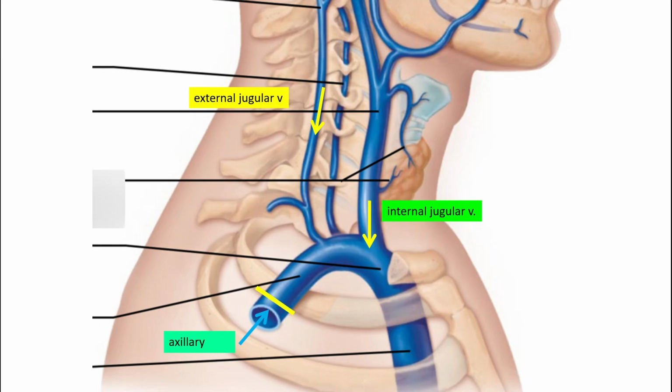Then, as this vein crosses the first rib, it becomes the subclavian vein, and the subclavian vein is underneath the clavicle, and it goes medially and is going to receive the internal jugular vein, and these two, subclavian plus internal jugular vein, are going to form the brachiocephalic vein.